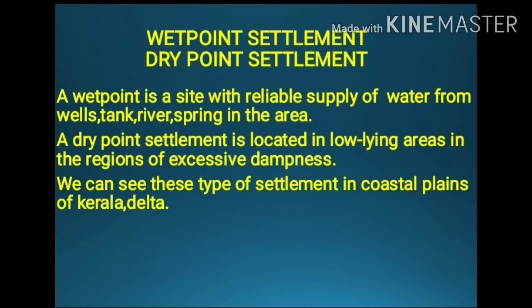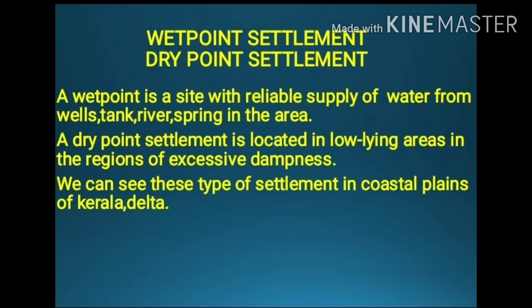Dry point settlements are not affected by flooding due to the landscape and the source of water. For example, it can be seen in coastal plains of Kerala and deltas along the east coast of India. So the dry point settlement will not get affected by the flood because of the landscape.